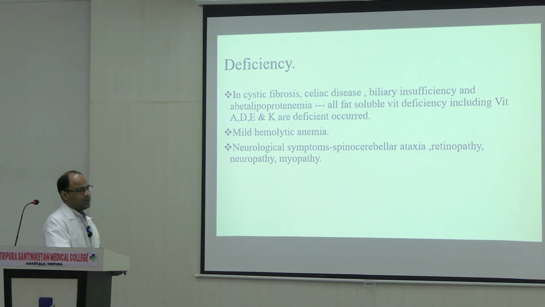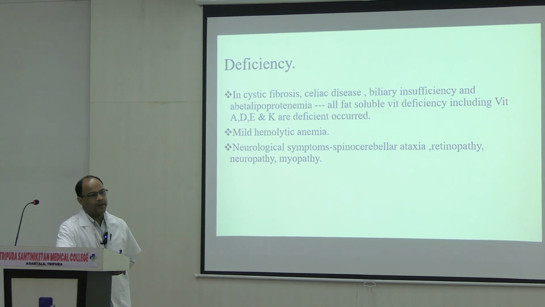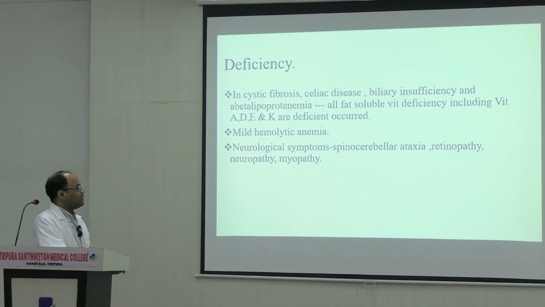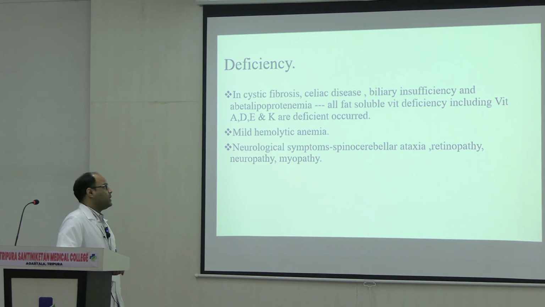Next is celiac disease. What type of intestinal disease? Where the intestinal mucosa can be damaged. Any sort of biliary insufficiency, like stone in the common bile duct, obstructive jaundice, biliary atresia, which cause biliary insufficiency.